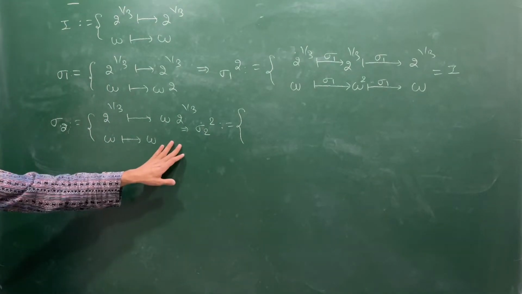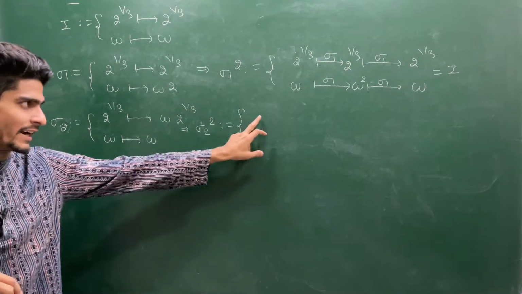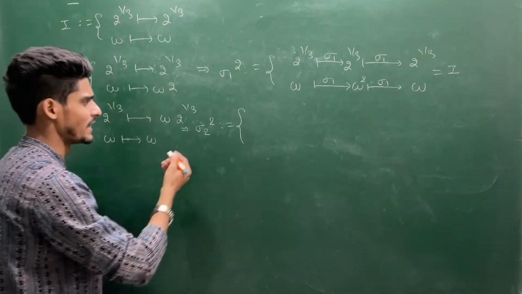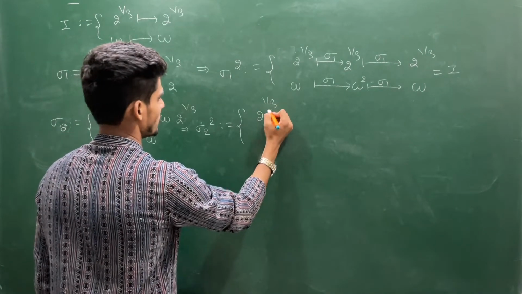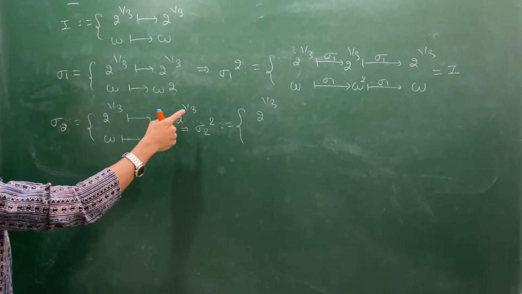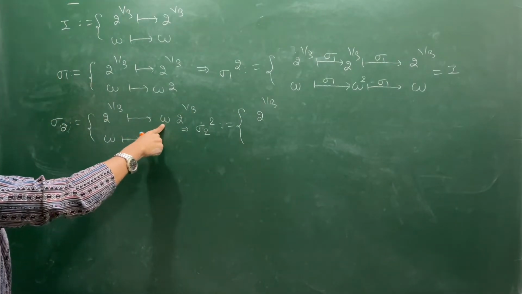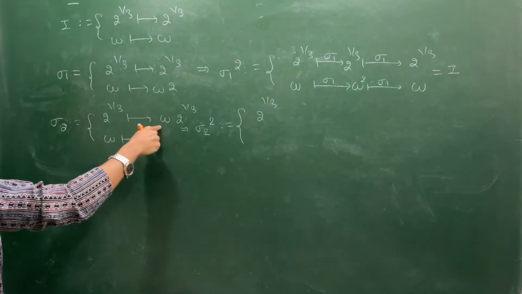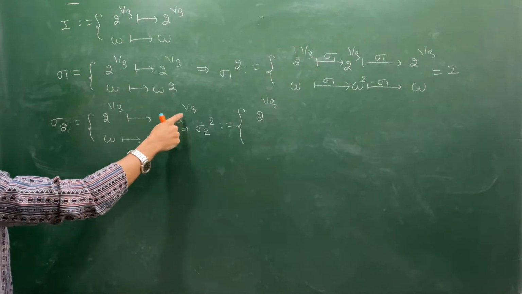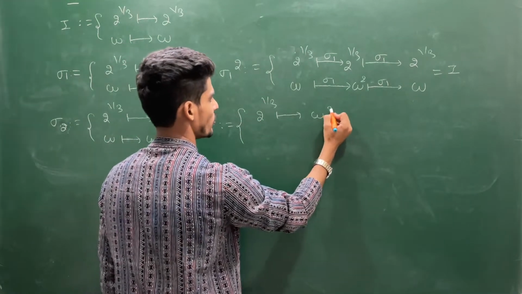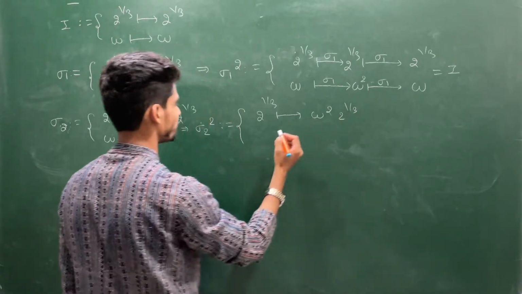Okay, I will write this explicitly. Under sigma 2, 2 power 1 by 3 goes to omega times 2 power 1 by 3. Then again, once you operate sigma 2 here, you will have sigma 2 omega times sigma 2 of 2 power 1 by 3. Then sigma 2 omega is omega, and sigma 2 of 2 power 1 by 3 is omega times 2 power 1 by 3. So it will go to omega square 2 power 1 by 3.